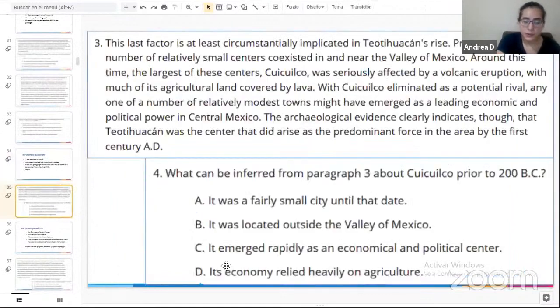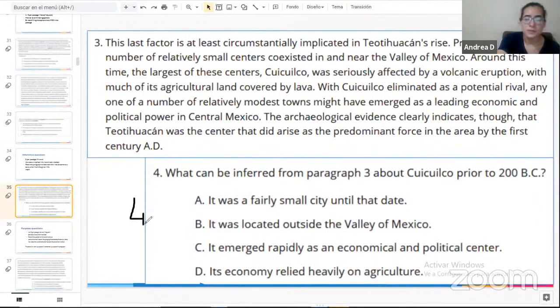So let's take a look at this one here. We'll be working on the same set. So here's the question. I don't know if anyone could please read question 4 and the options. What can be inferred from paragraph 3 about Cuicuilco prior to 200 BC?